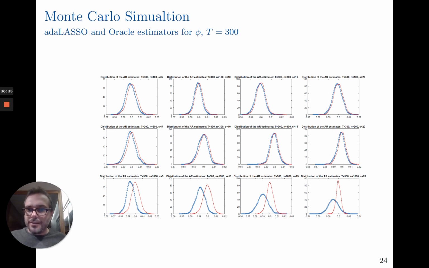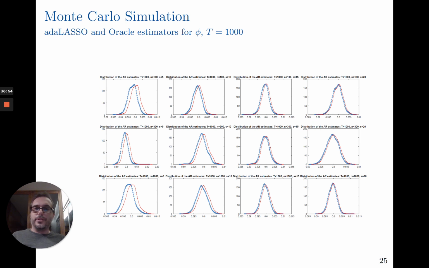And again, here, it seems that the bias is huge, but look what we have here. This point here is 0.56. So we are talking about a bias that's less than 0.01. Okay? So it's pretty good. And here's for 1000.